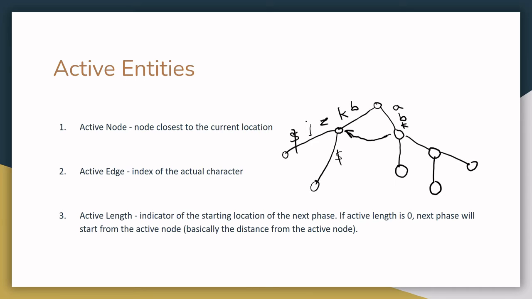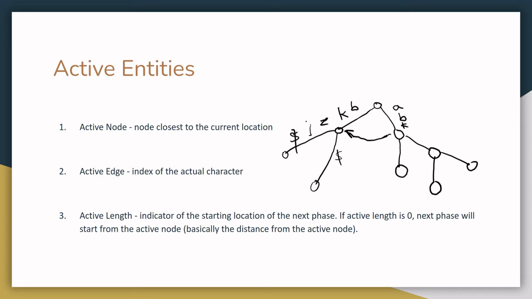The active edge is the index of the actual character we are on, or the current location, and the active length is the indicator of the starting location of the next phase. So if the active length is 0, the next phase will start from the active node, and if it's a non-zero number, it will start from that many steps away from the active node. Basically, it's the distance from the active node from where the next phase will start.